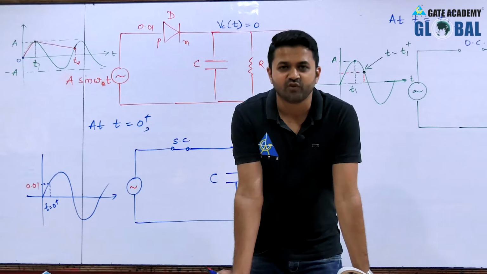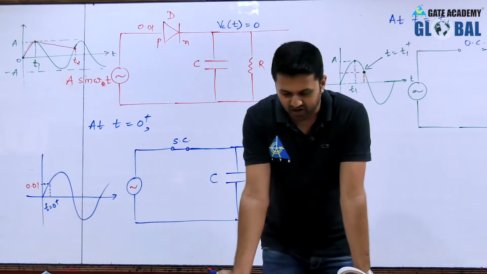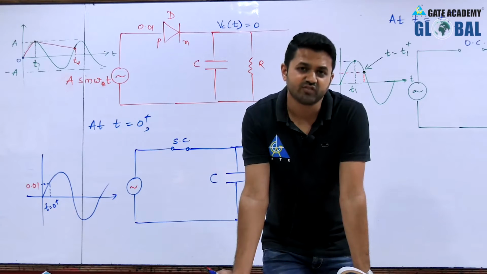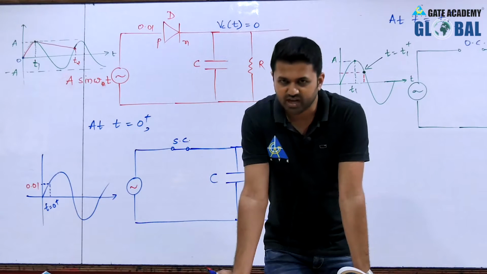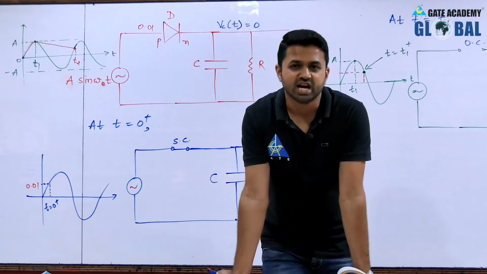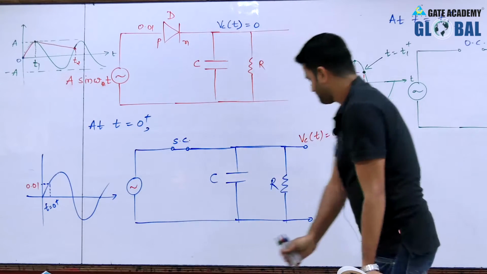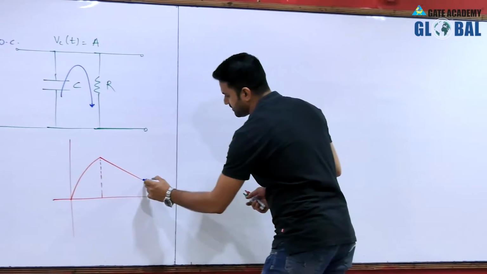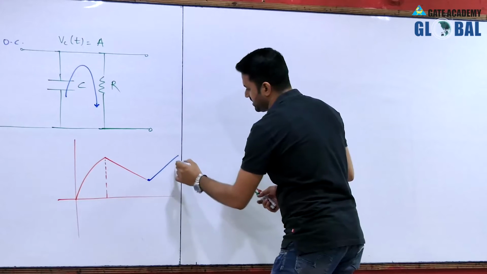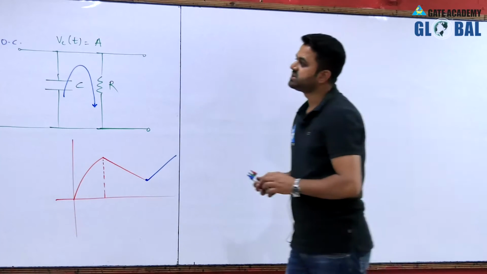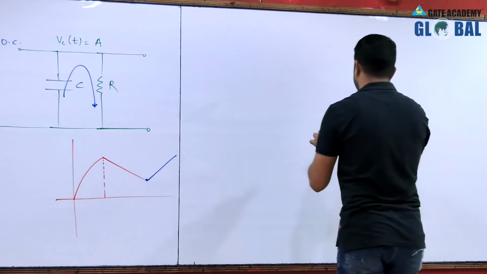When the diode is forward biased, it is short circuited and the capacitor starts charging with the input value. So after this point the capacitor will again charge, and this process repeats, so we get the value like this.